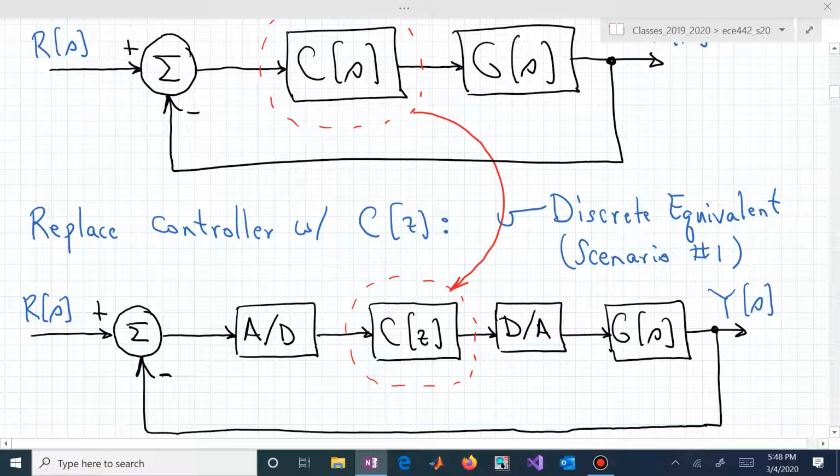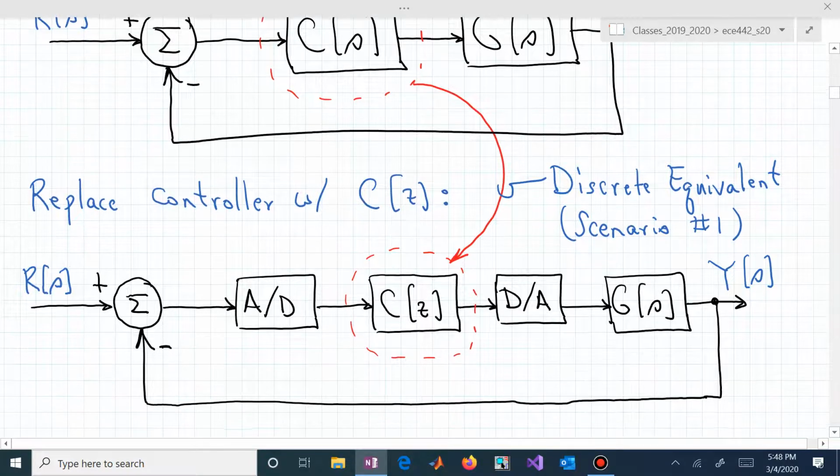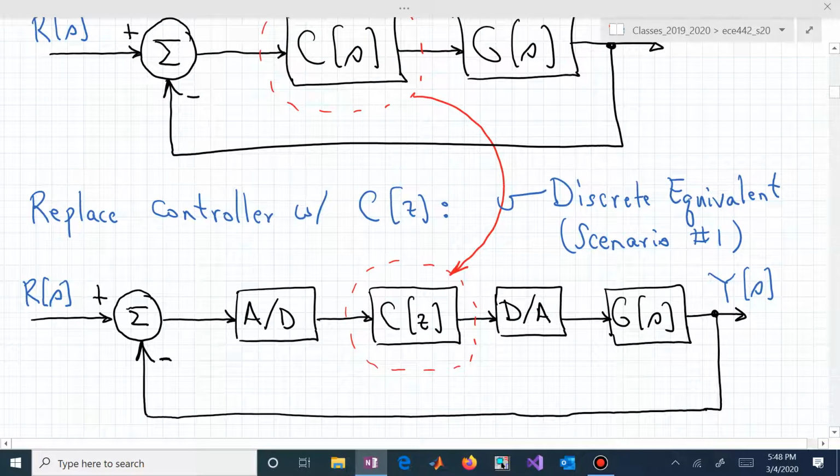So in this example, then, the only thing we're controlling is a digital C of z, right? So now what we are trying to do is create or find or determine a capital C of z. That's what we're trying to provide. Somebody is saying, I have a C of s. Your task is to provide me a C of z.